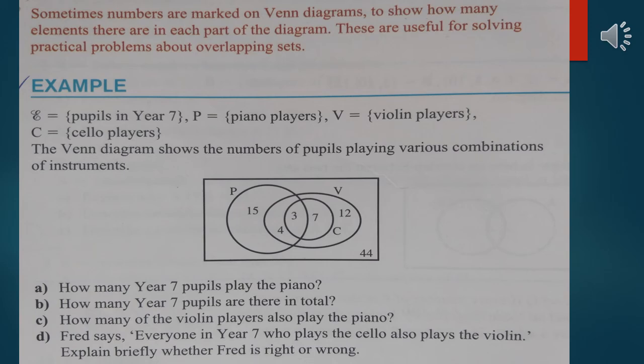Part D. Fred says everyone in year 7 who plays the cello also plays the violin. Explain briefly whether Fred is right or wrong. I will leave that question to you to answer properly.